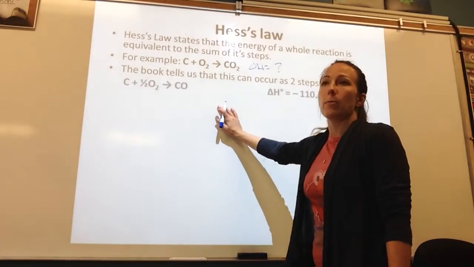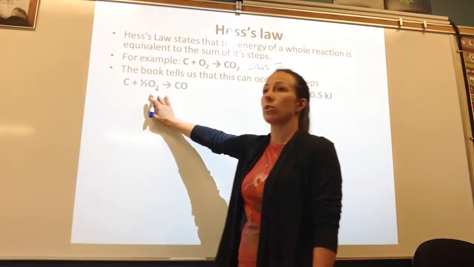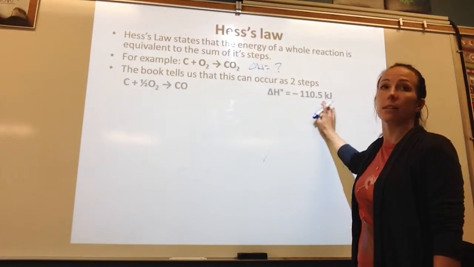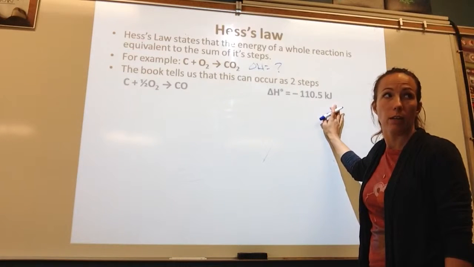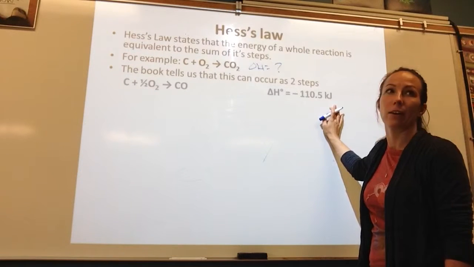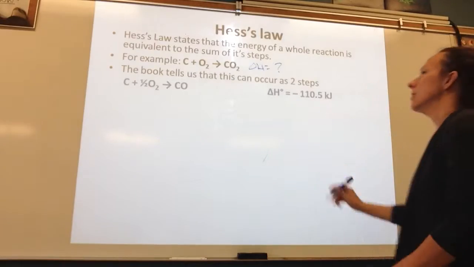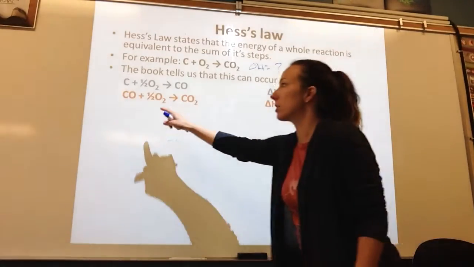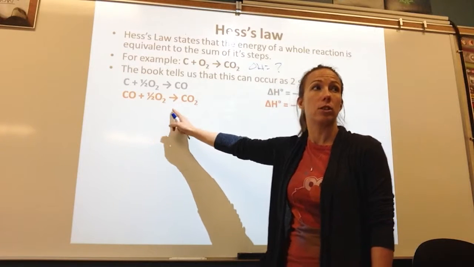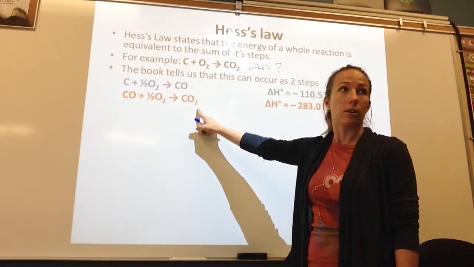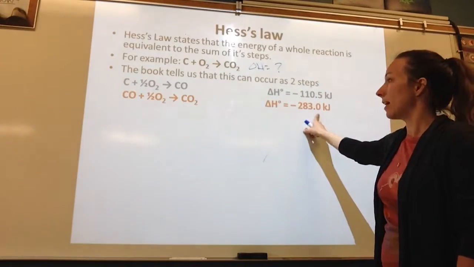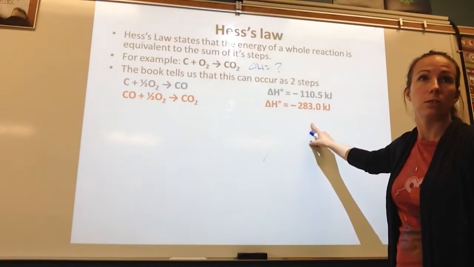Well, we can look up in the book carbon and oxygen making carbon dioxide gives me this delta H. Okay, so I'm kind of halfway there. And carbon monoxide reacting with another oxygen can give me carbon dioxide. And that is this delta H.